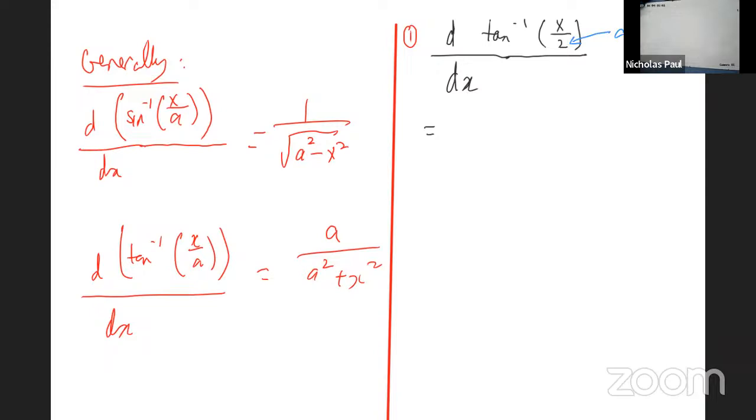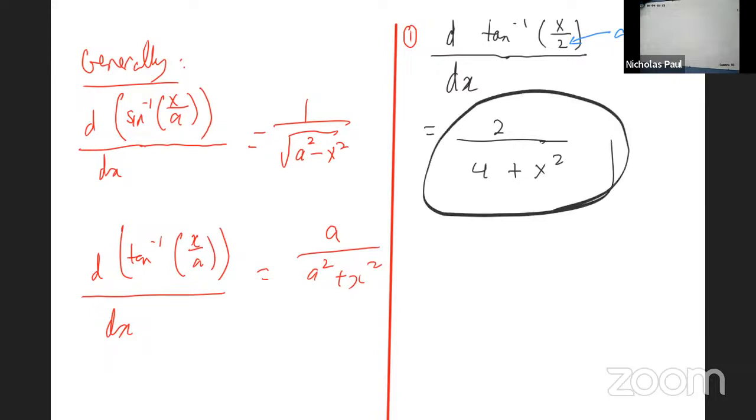Based on the rule, it'll be 2 over 4 plus x squared. See that? It's important that you understand tan inverse properly, because when we go to integration, they love to ask you to integrate that. So you need to know that tan inverse in particular.